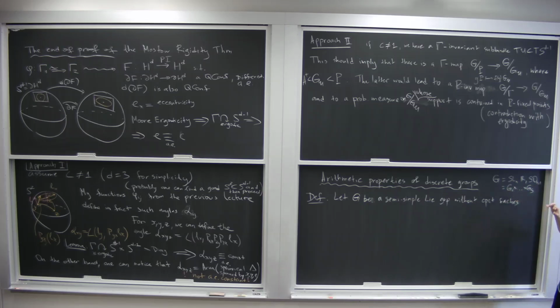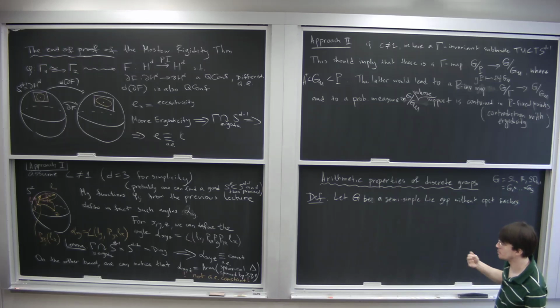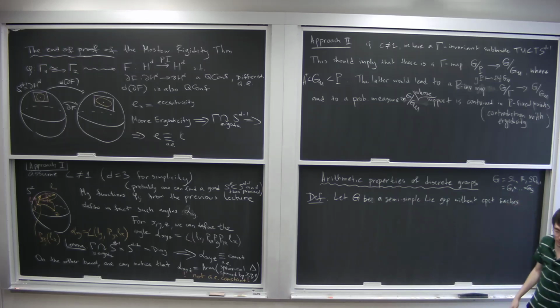The notion of isogeny is close to commensurability in some sense, in the spirit of commensurability of discrete subgroups, meaning that it is up to finite quotients.